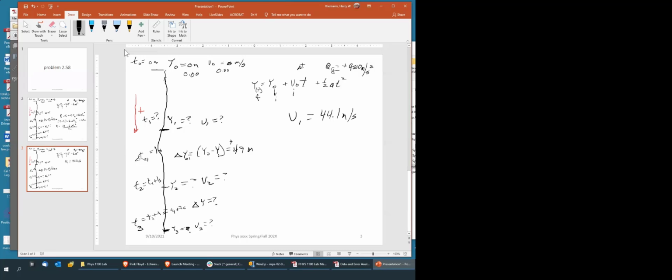So our new equation to get this delta y would be y3 equals y2 plus v2 t32, plus 1/2 a t32 squared.